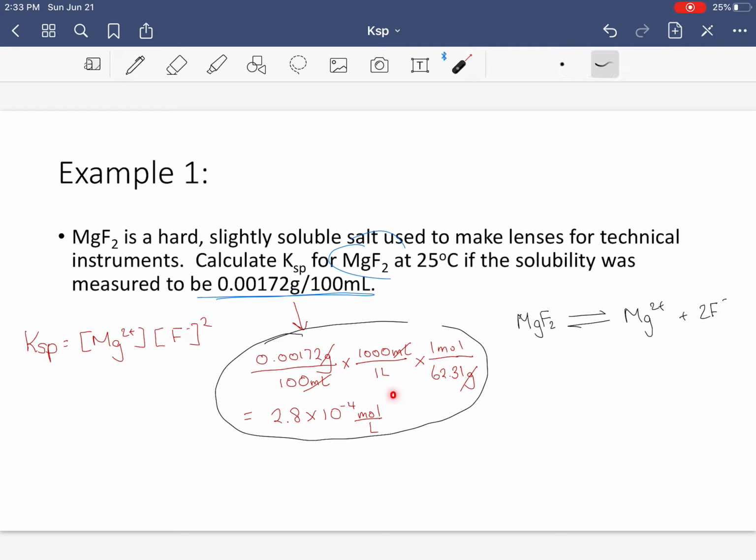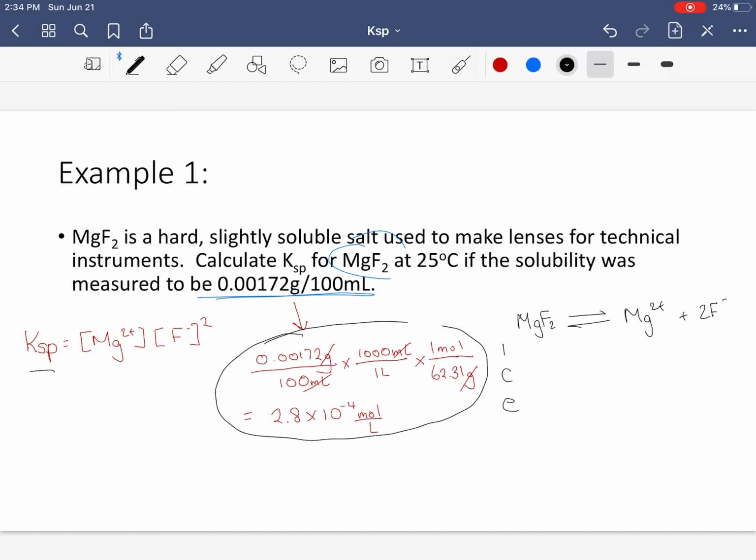At this equilibrium point, there's no MgF2. MgF2 would have been all dissolved. But if you were to put a little bit more MgF2, there's going to be an excess of this solid. But at this point, there's no MgF2. So that will make it quite easy to determine what Ksp is, because all you need to do in this equilibrium is to create a nice table.